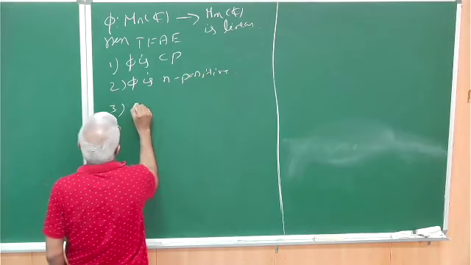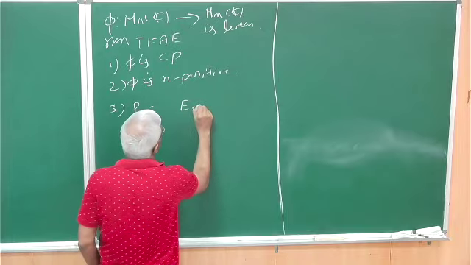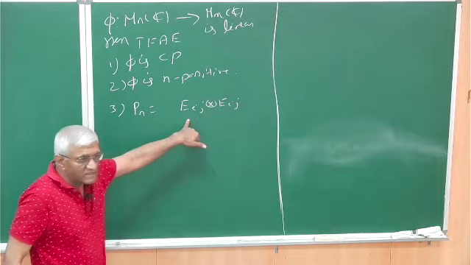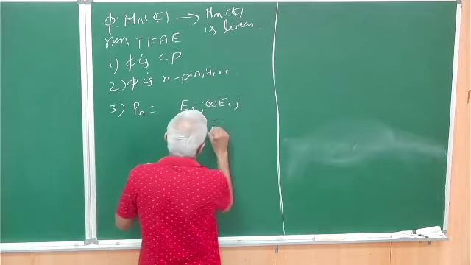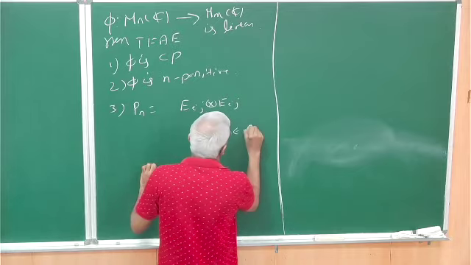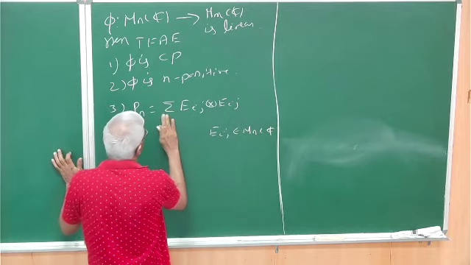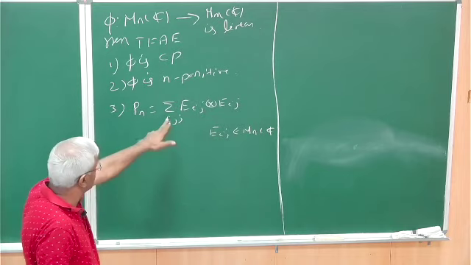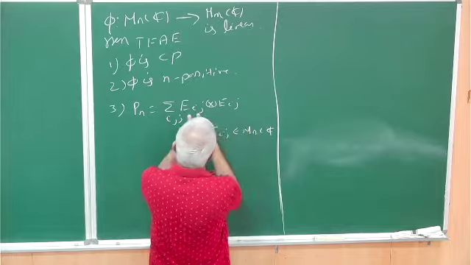And 3, if Pn equal to the summation over i and j of Eij tensor Eij, where these Eij in Mn are matrix units, 1 in the ijth place.